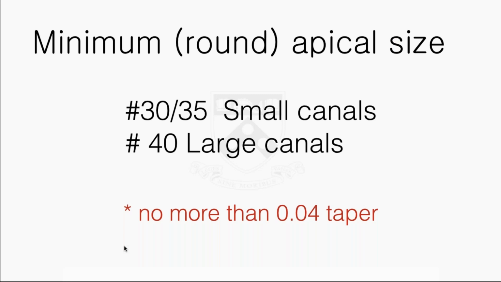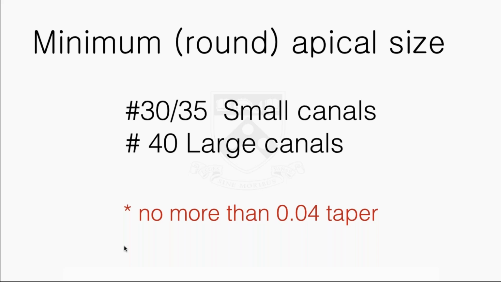So in a small canal, and how I define a small canal, that would be the mesial of a lower molar, the buccals of an upper molar, or any root that contains more than one canal would be a small canal. And on these canals, we would say the minimum round apical size would be a size 30 or 35, depending on what irrigating needle you're using.